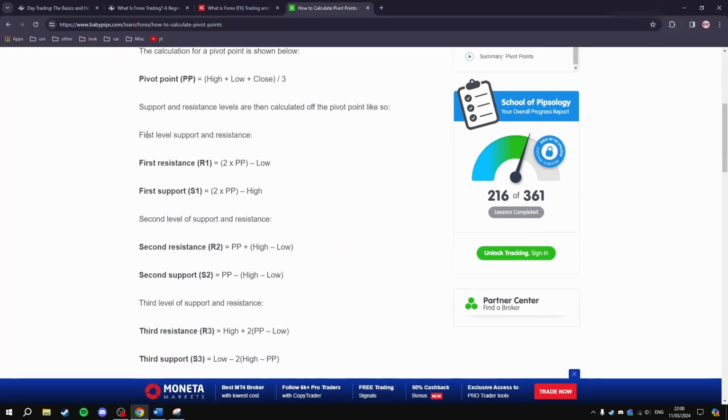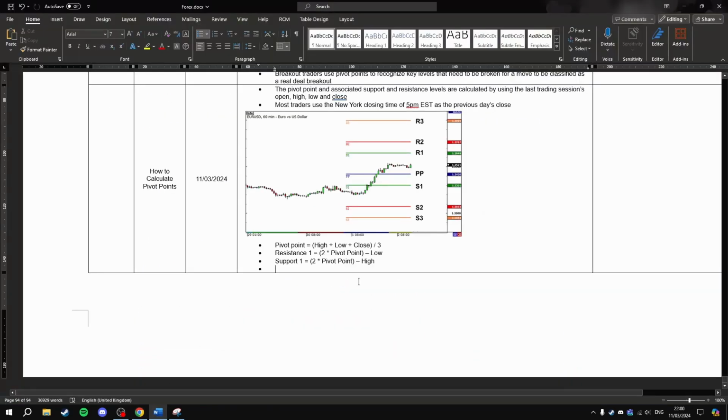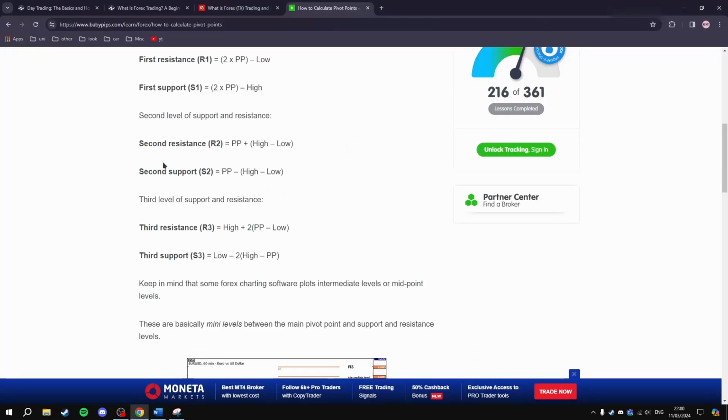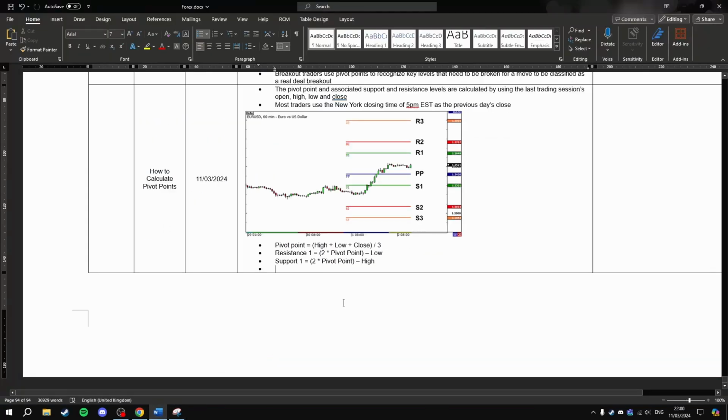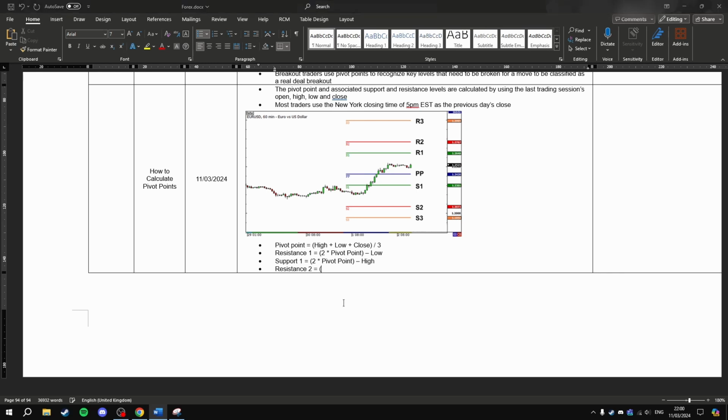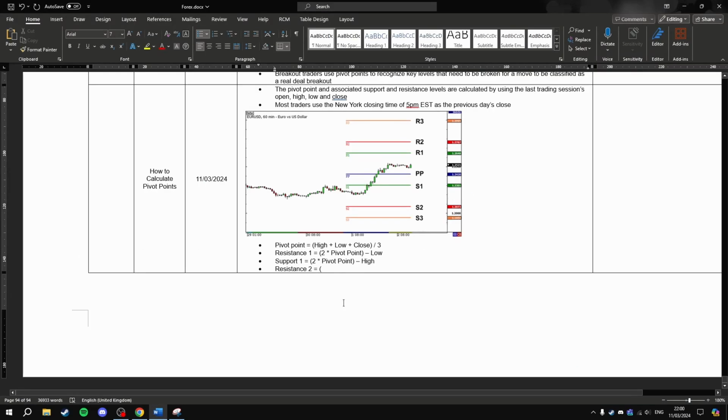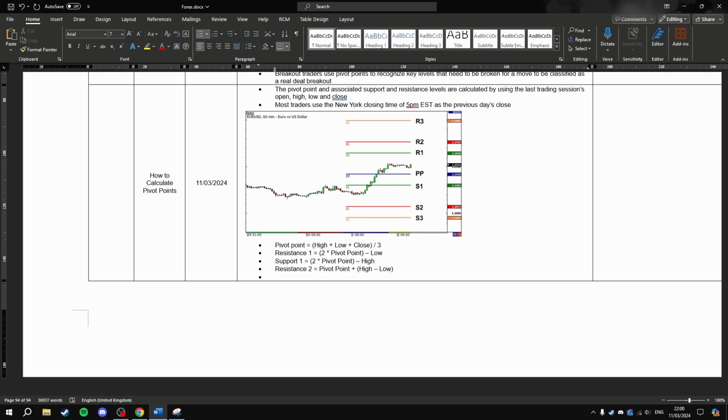Pivot point, resistance 1, support 1. Resistance 2 is equal to pivot point plus high minus low.